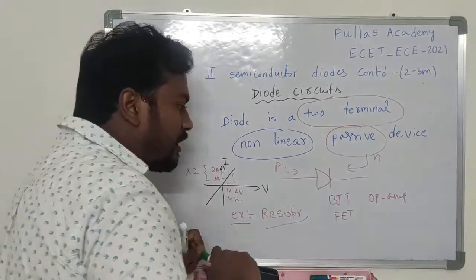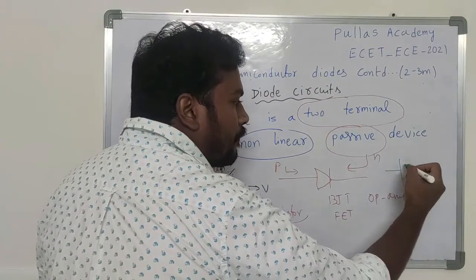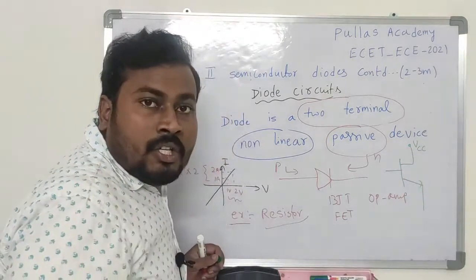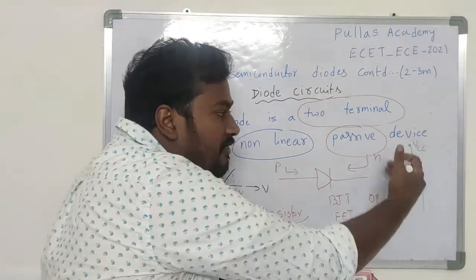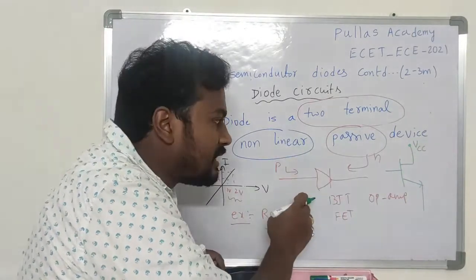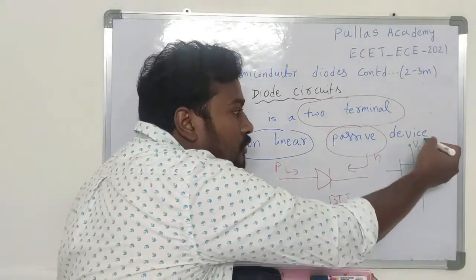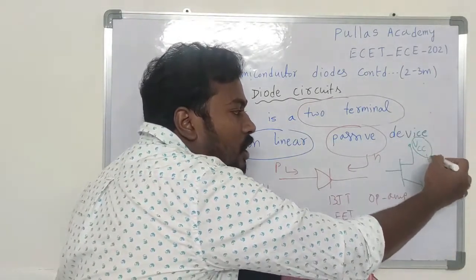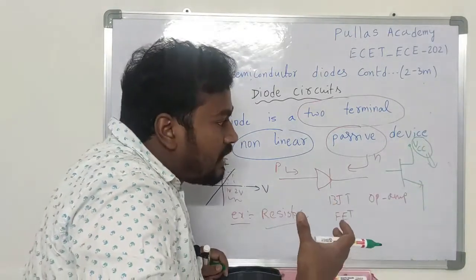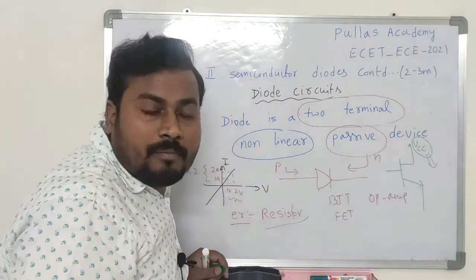Suppose I take the symbol of a BJT, it will be something like this. Here you can provide VCC. So this is the difference between an active device and a passive device. The diode is a passive device, but the BJT is an active device because you can provide a built-in source of power, in one way or another, a voltage supply.